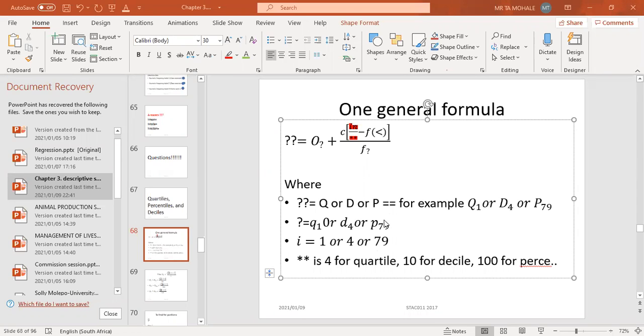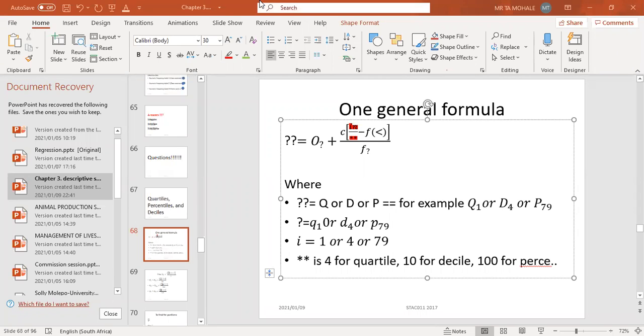So the position for calculating P79, let's start afresh. 79th percentile. 79n over 100. Good. 79n over 100, not 7n, right? So it's 79n over 100.